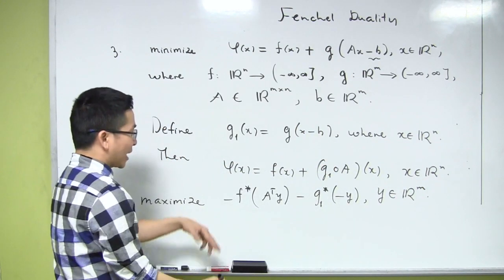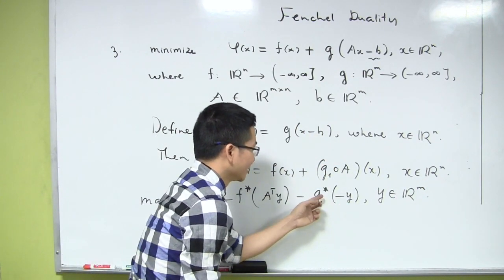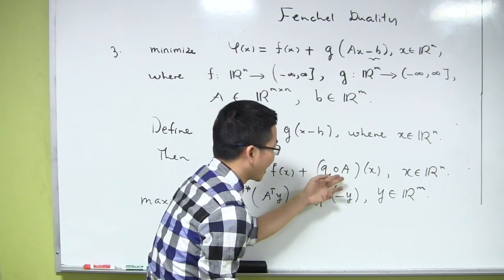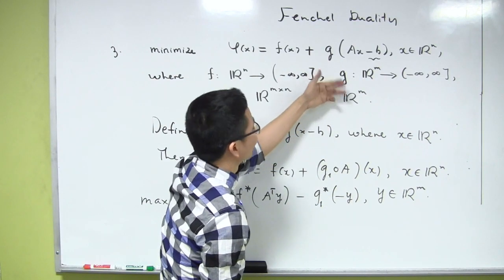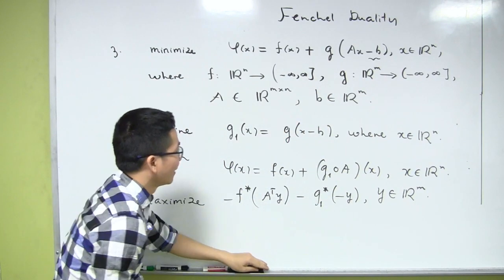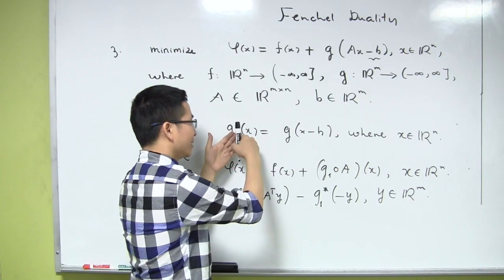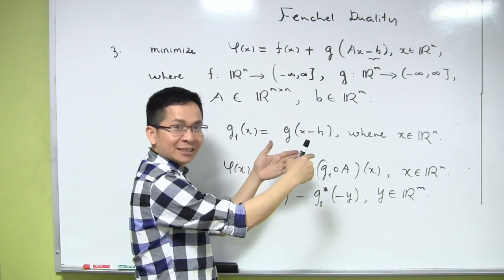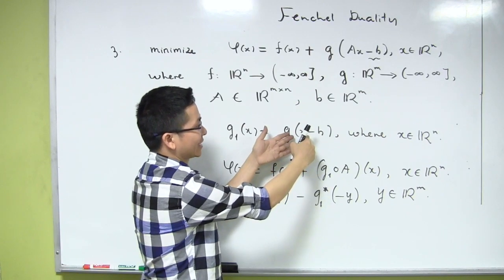How can we represent g1 star of minus y in terms of the original one? Please remember the simple Fenchel calculus from my previous lecture.